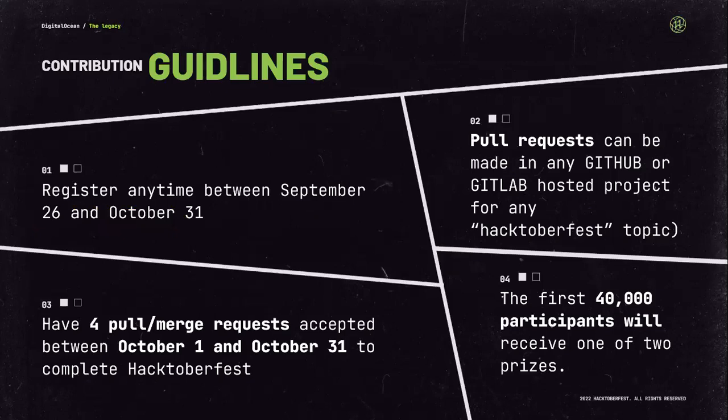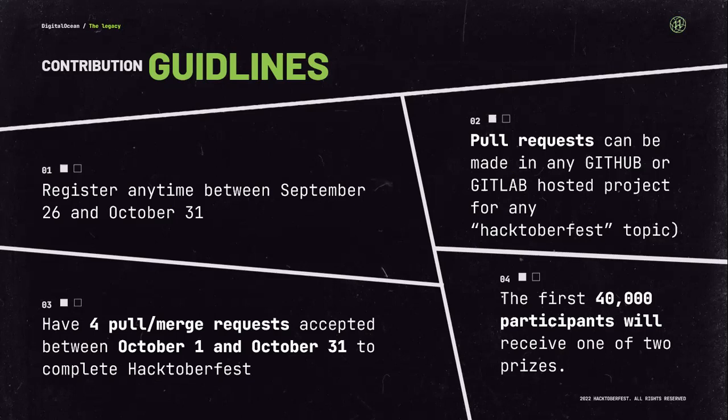Okay, so Hacktoberfest registration starts from 26th of September, and you can register anytime from September 26th to October 31st. Okay, next thing, pull request. We will see examples of repositories and everything, what a pull request is, what an issue is. Pull requests are basically the changes you make in the repositories.